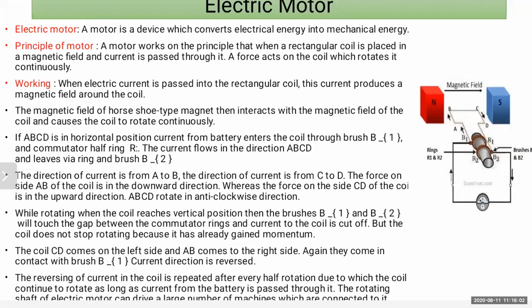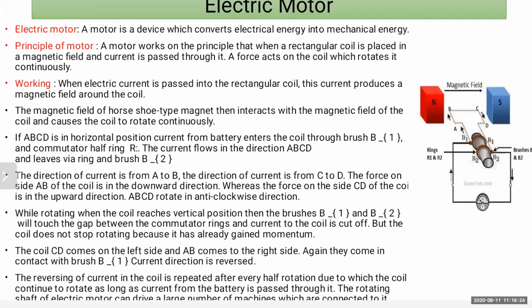First, it consists of a rectangular loop of insulated copper wire. It is placed between the north pole and south pole of the horseshoe magnet.